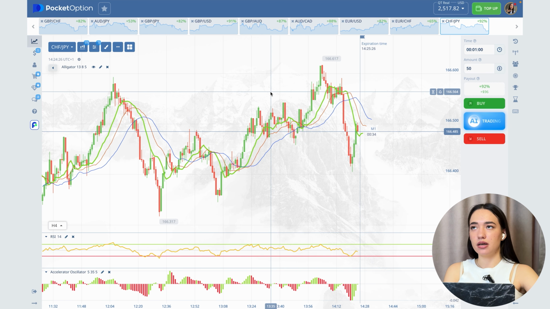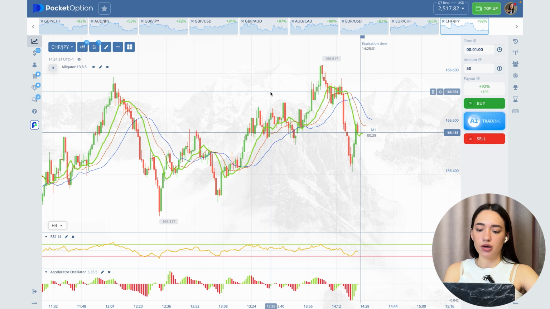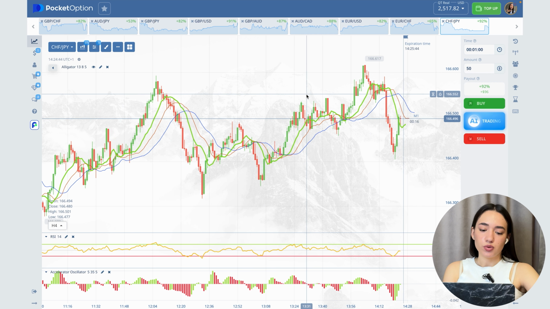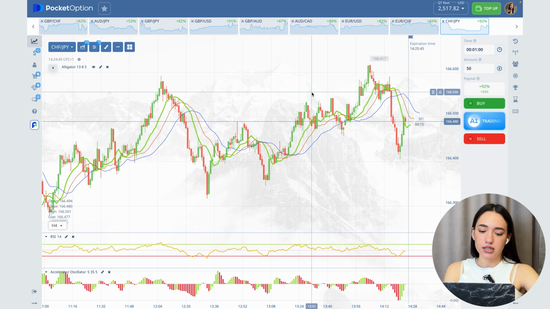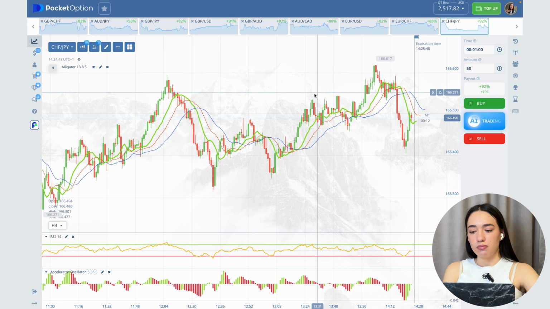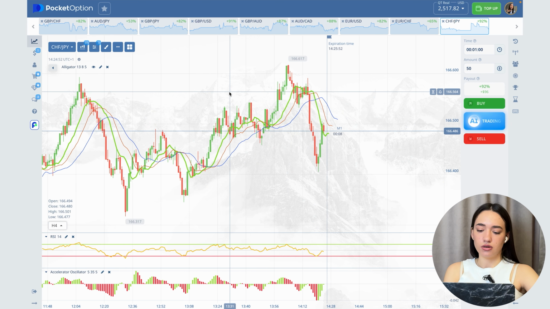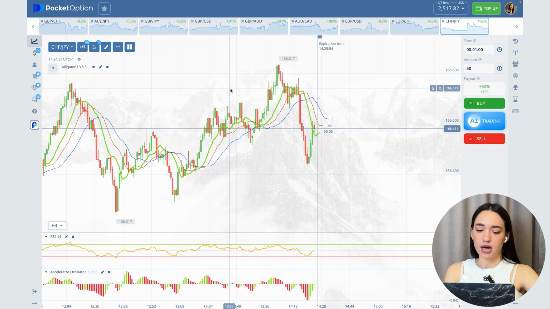I've practiced this strategy a lot, so sometimes I rely more on price movement or my personal interpretation of the chart, so that means I don't always wait for 100% confirmation. But if you're still learning, just follow all the conditions precisely.